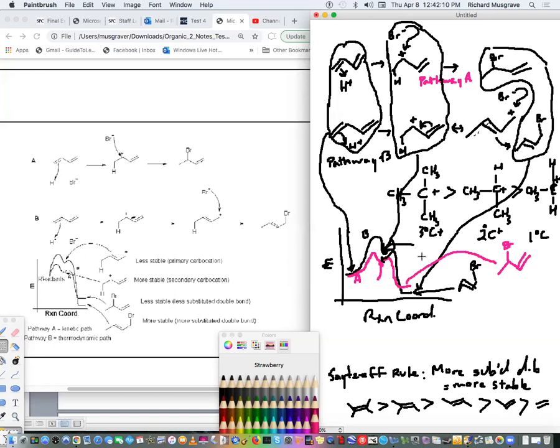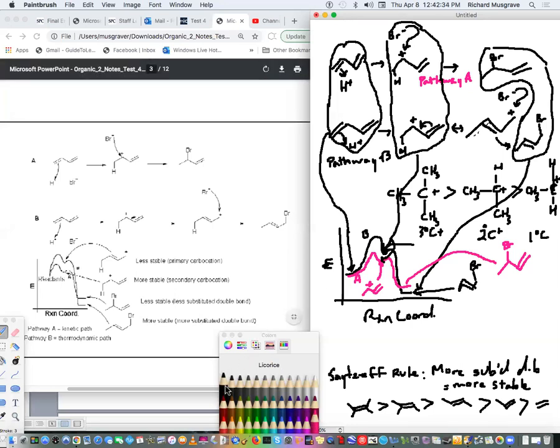I'll erase that and I'll start that again. Pathway B is this one with the Br on the end. But I'll do pathway A first since I've got the pink pen here. There we go, that's better.